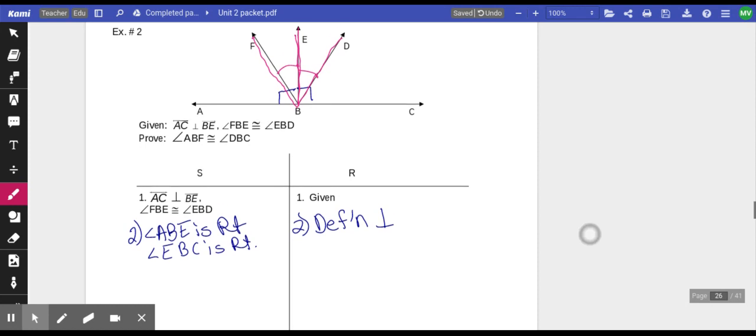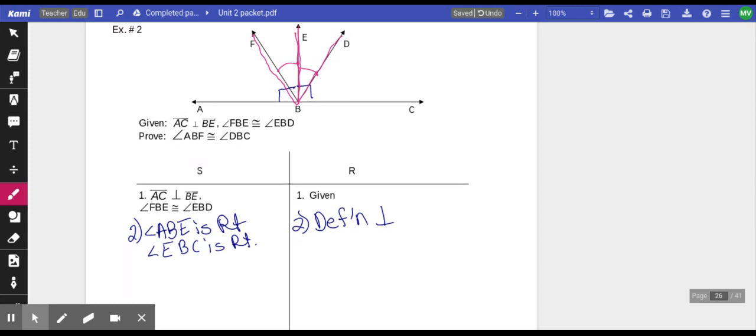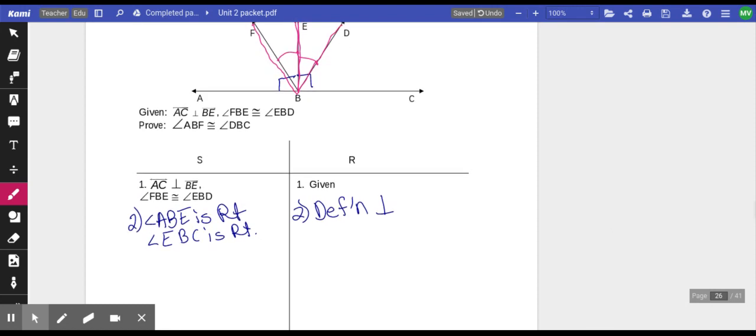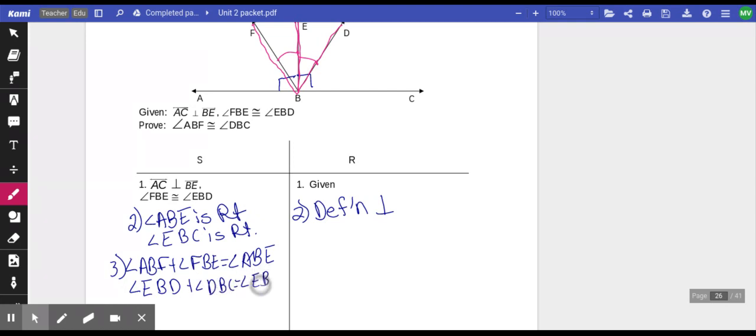I know that FBE and ABF add to be ABE, so I can say that angle ABF plus angle FBE equals angle ABE. And I know that angle EBD plus angle DBC equals angle EBC. And that's angle addition.